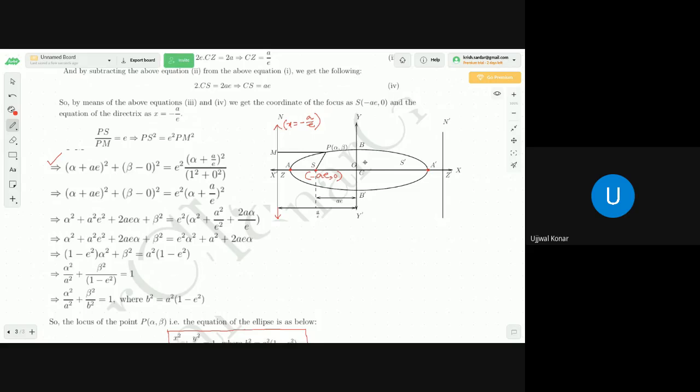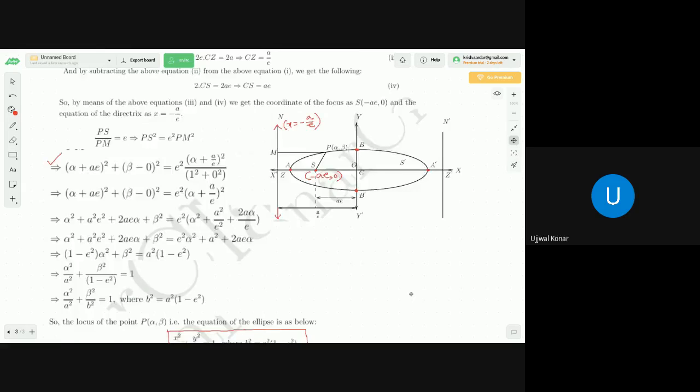And similarly, if this is the point B and this is the point B dash, then the y coordinate of the point B and the y coordinate of the point B dash is the entire variation of the y coordinate.